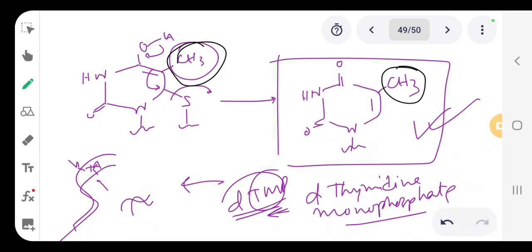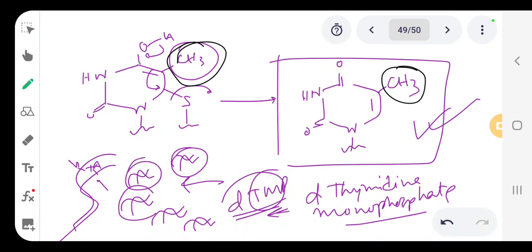He needs new DNA, and this DNA will form when that TMP, GMP, AMP will be present, and that is how cell proliferation will occur and new DNA synthesis will occur.